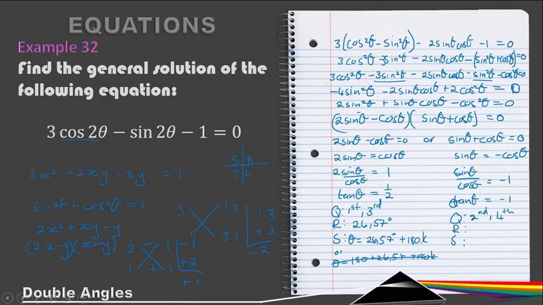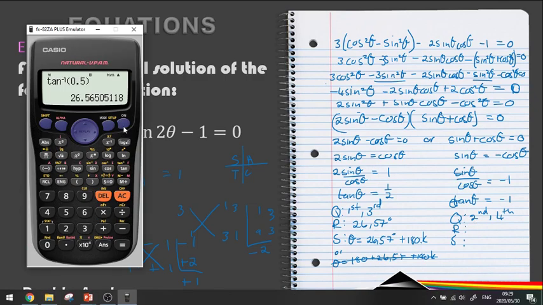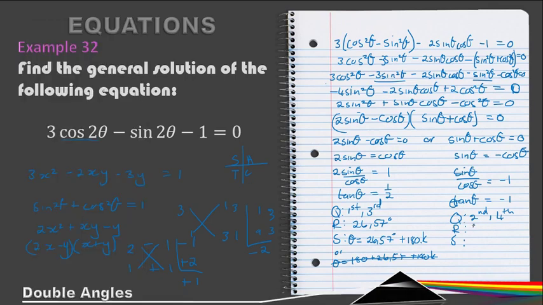Then our reference angle is where we say shift tan just 1. The negative was taken into consideration with the quadrant, so our reference angle is 45 degrees. And then to solve for the second quadrant, theta is equal to 180 minus my reference angle plus 180k.